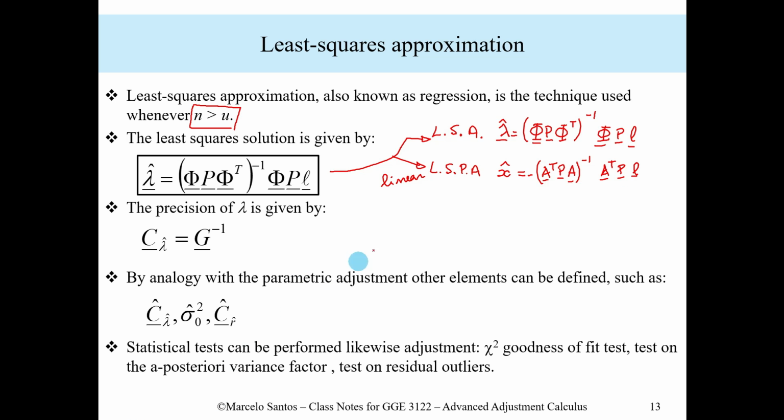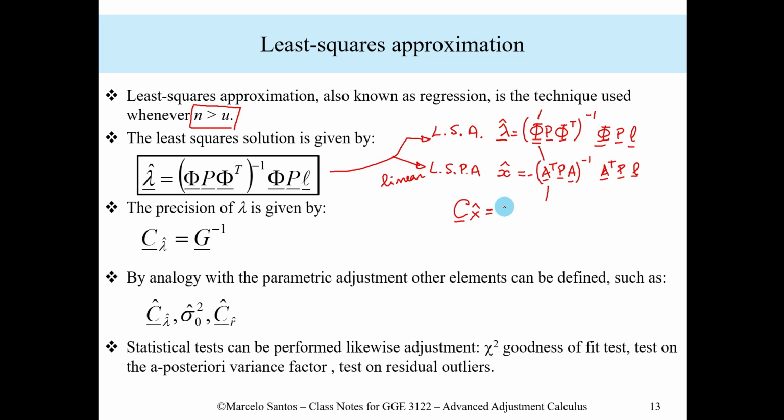We can also make a comparison. We have the design matrix in the least squares parametric adjustment. We have the Vandermonde matrix in the least squares approximation.